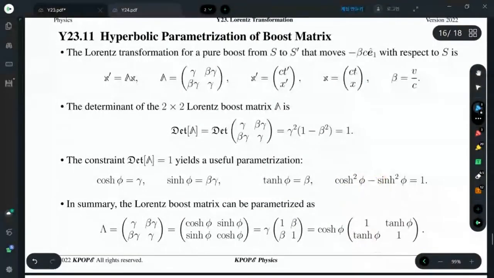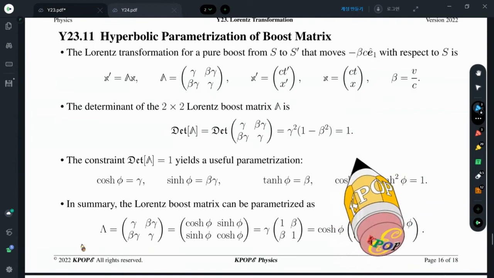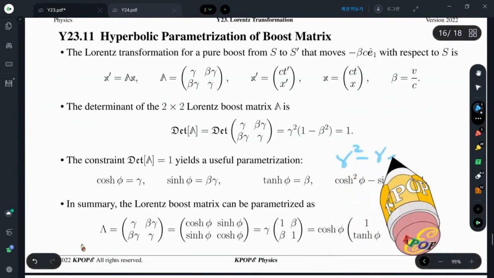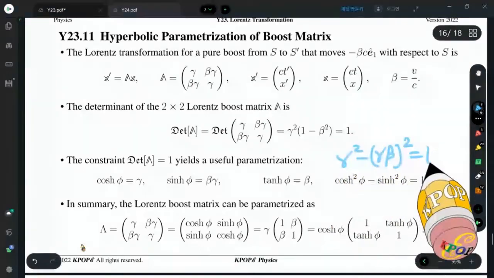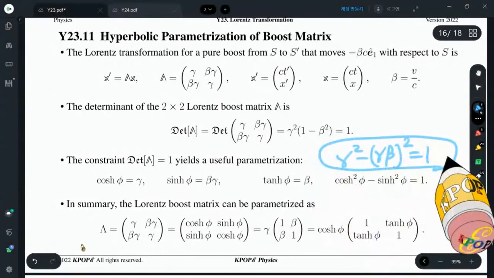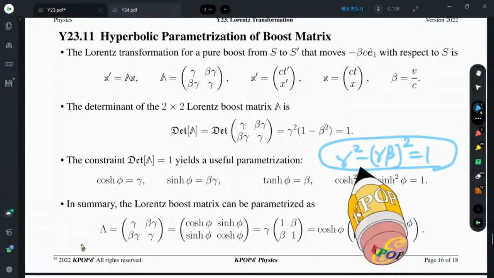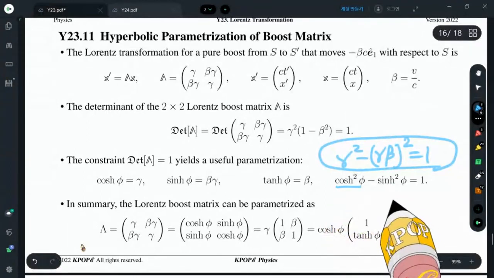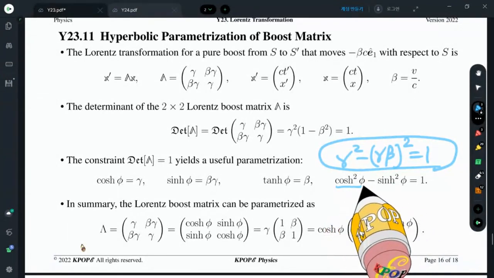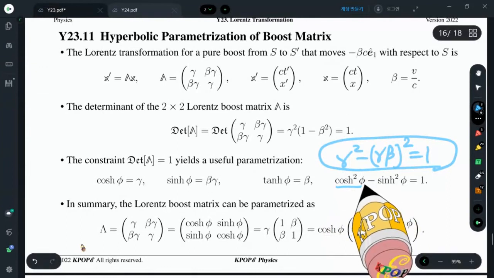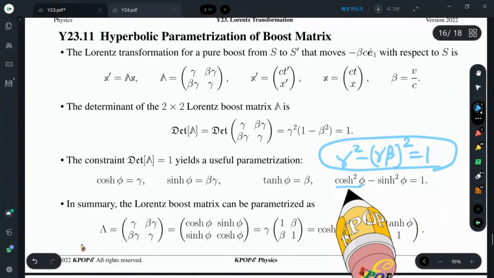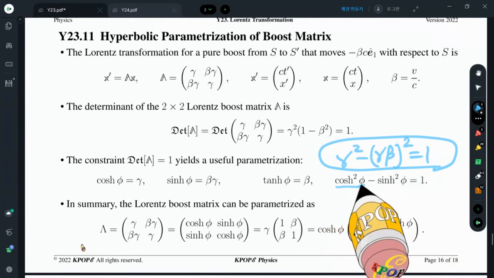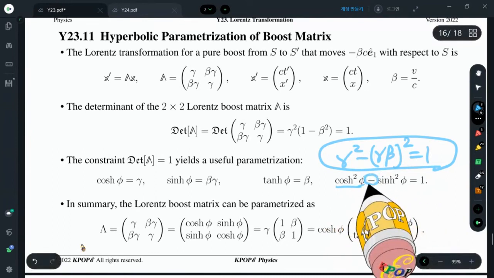So previously, I introduced the angle for the rotation. However, our constraint that gamma squared minus gamma beta squared always equals 1 requires a new parameterization such as hyperbolic functions. You remember, as far as the cosine hyperbolic and sine hyperbolic, we have a negative sign.